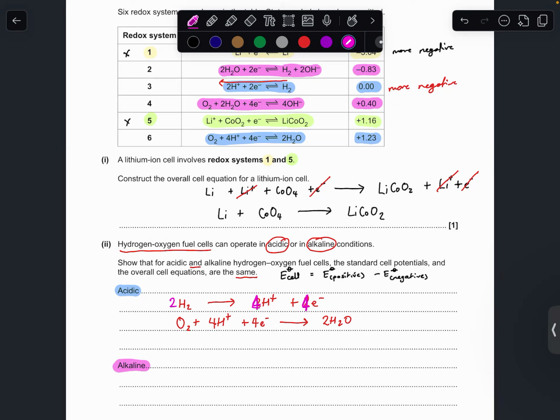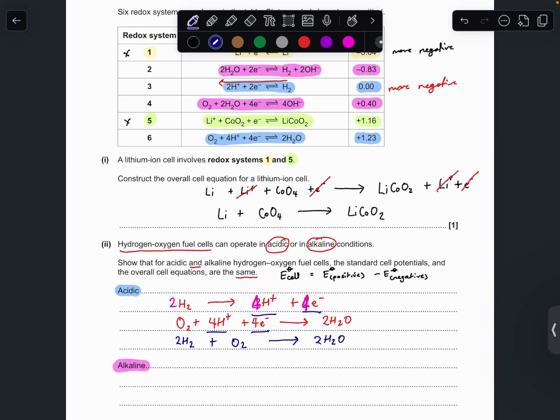And when we get the overall equation, these electrons cancel out with these. So what you'd get is 2H2 plus O2 goes on to give you 2H2O.